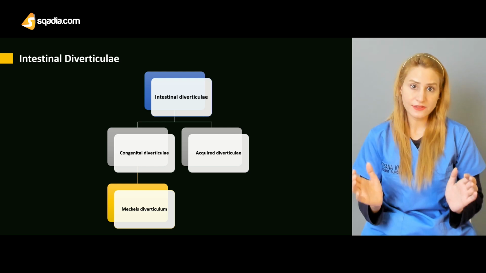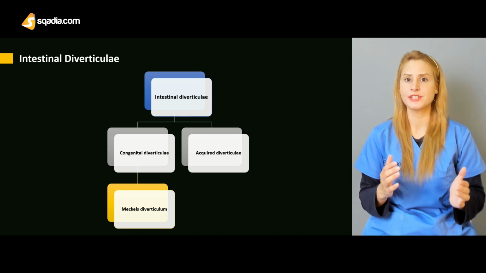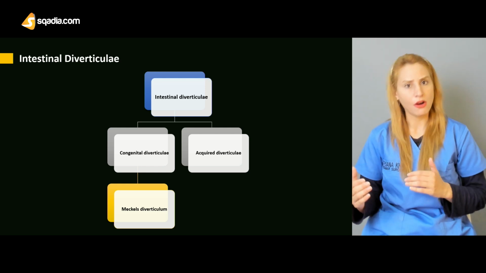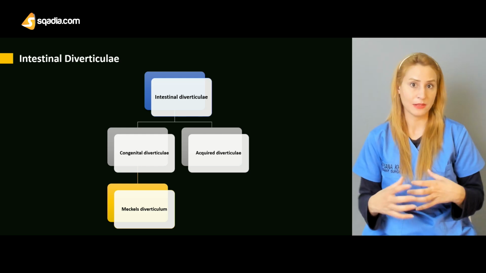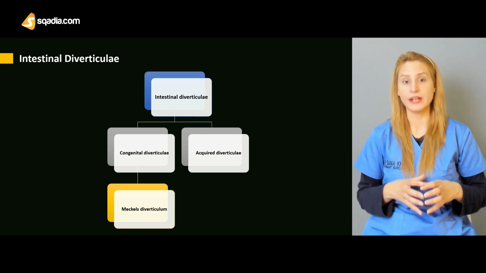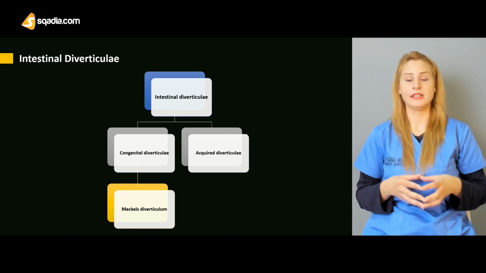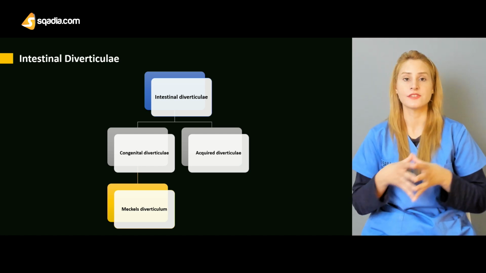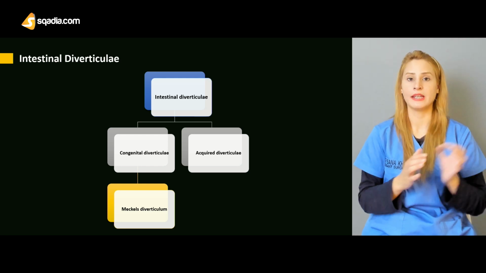That weakness of the wall leads to herniation. These diverticula are also more common when there is bacterial stasis or bacterial overgrowth. Most of the time these diverticula are more common in the duodenum, and if we talk about the duodenal diverticula, they are in the periampullary part of the duodenum, around the ampulla of Vater.